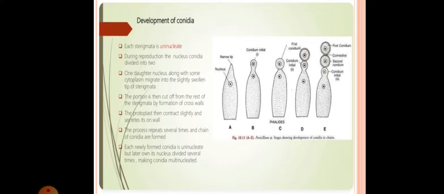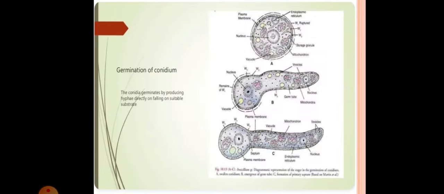The protoplast then contracts slightly and secretes its own wall. The process repeats several times and a chain of conidia is formed. Each newly formed conidium is uninucleated, but later its nucleus divides several times, making the conidium multinucleated.